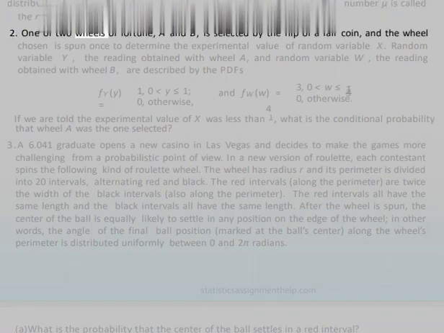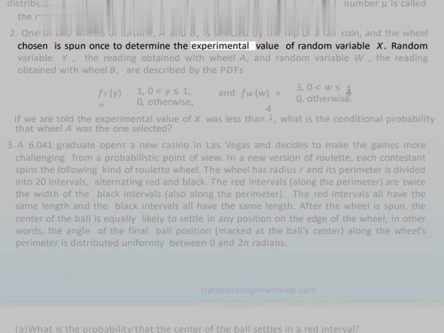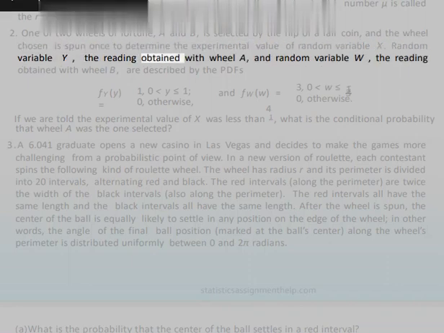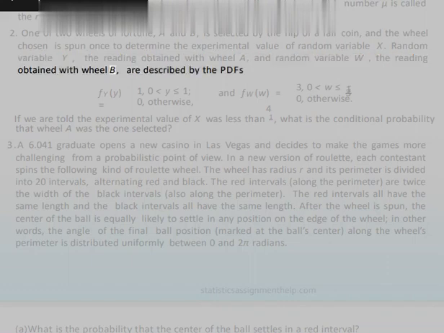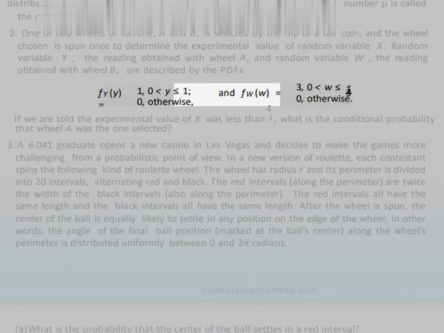2. One of two wheels of fortune, A and B, is selected by the flip of a fair coin, and the wheel chosen is spun once to determine the experimental value of random variable X. Random variable Y, the reading obtained with wheel A, and random variable W, the reading obtained with wheel B, are described by the PDFs f_Y(y) equals 1 for 0 less than or equal to y less than or equal to 1, 0 otherwise, and f_W(w) equals 1/3 for 0 less than or equal to w less than or equal to 3, 0 otherwise.